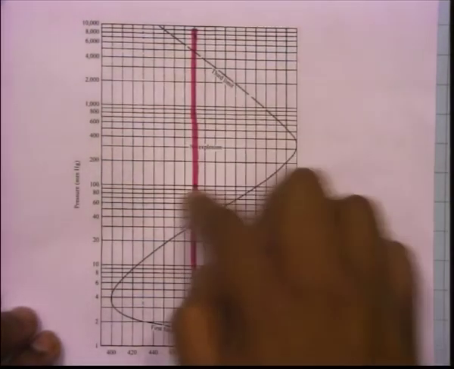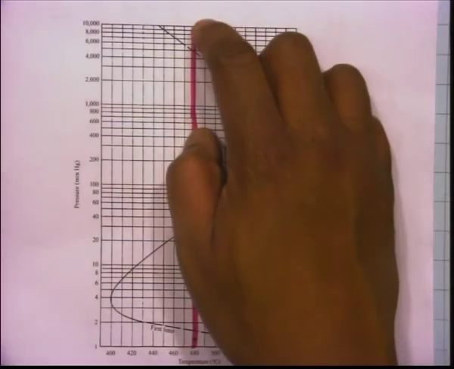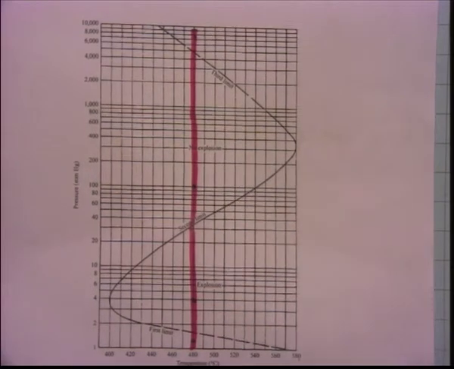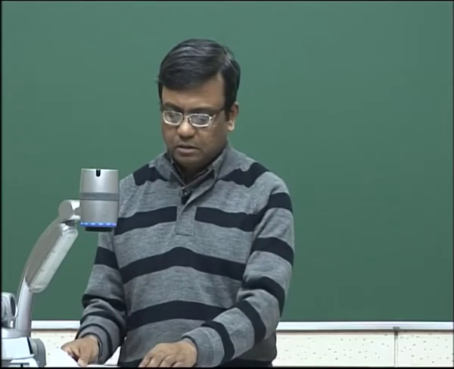In this regime that HO2 part was not very reactive, but if you cross this limit, then the HO2 starts becoming reactive and some more reaction sequences open up. So, then it becomes explosive again. Okay. So, this is the picture.